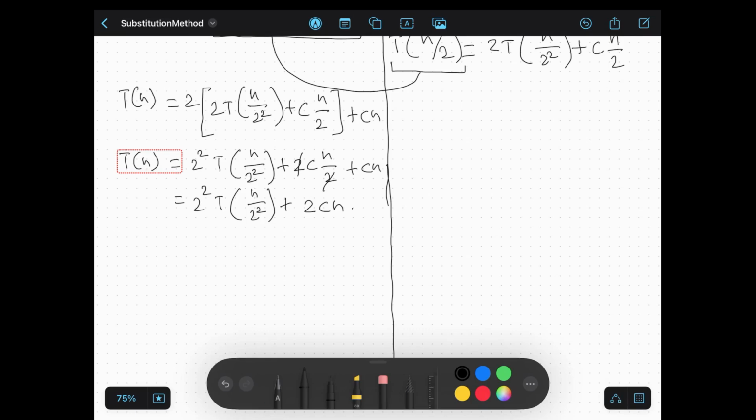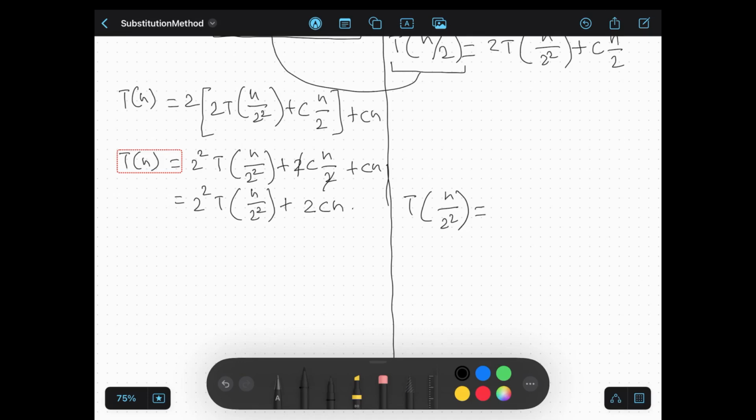which is T(n upon 2 square), because when we divide n upon 2 by 2, we are actually dividing it by 4 or 2 square.